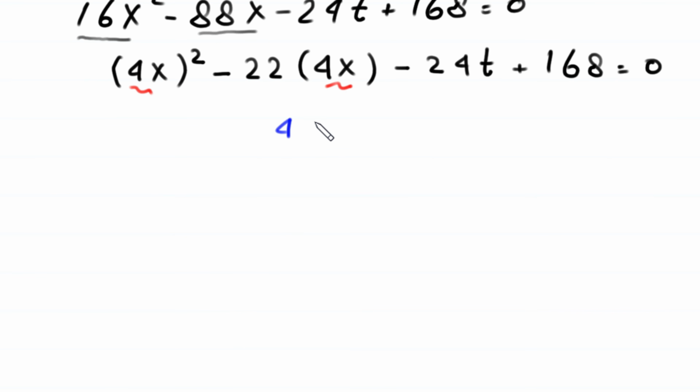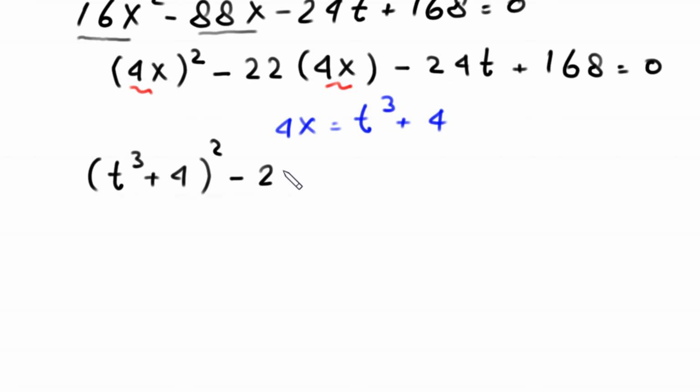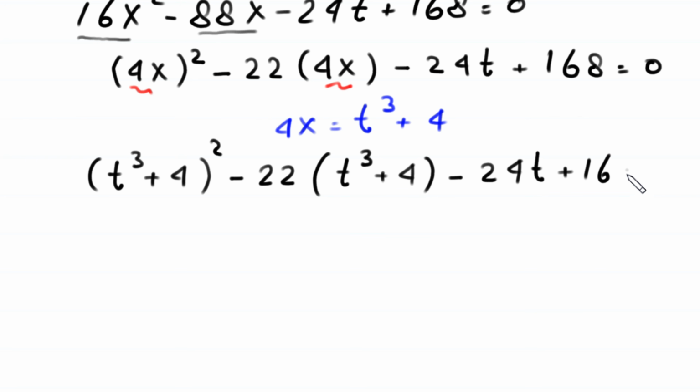Since 4 times x equals t cubed plus 4, the equation will become (t cubed plus 4) whole squared minus 22 times (t cubed plus 4) minus 24 times t plus 168 equals 0.